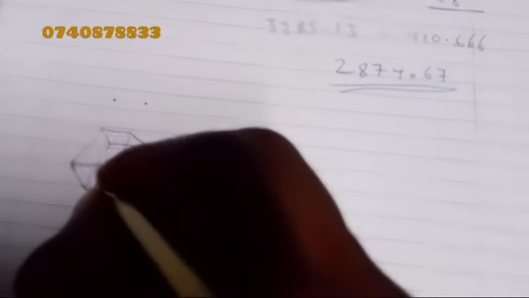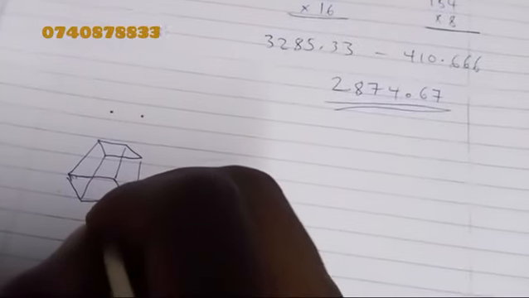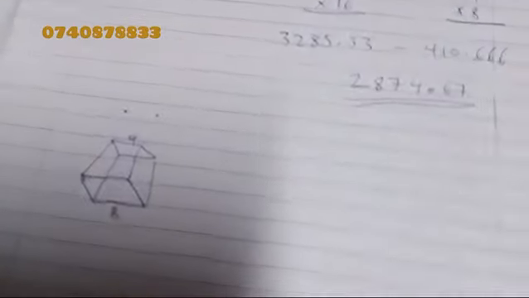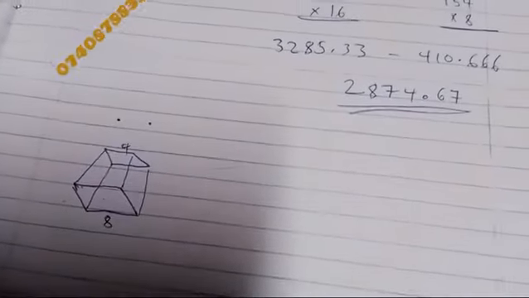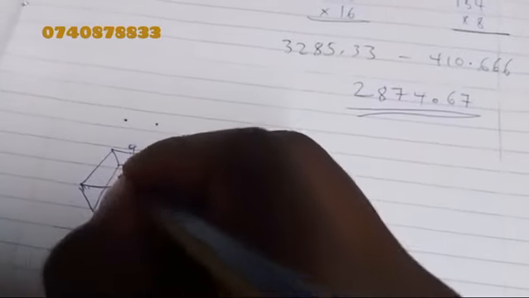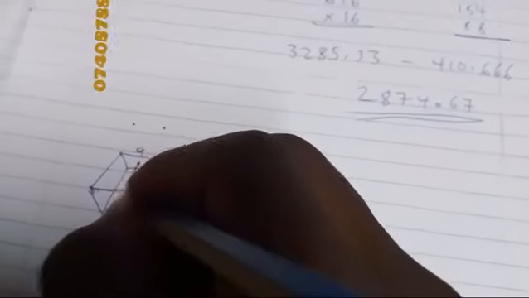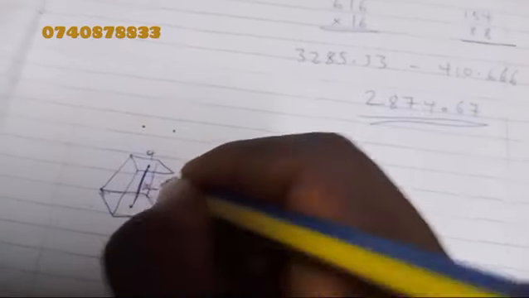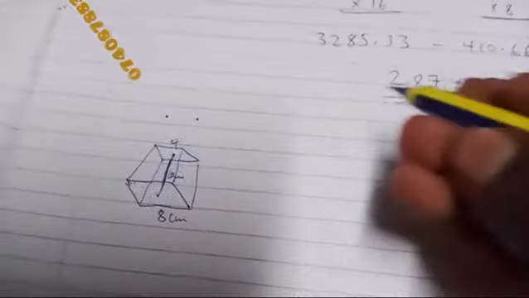You get that this is of side 8, this is of side 4. So since it is a square, and we have a vertical height from the center here to the center here, let's just say it is 10 centimeters. So you have all these as centimeters.